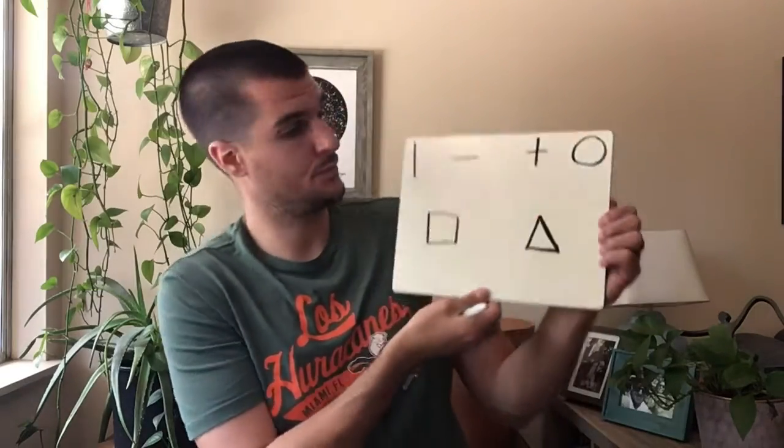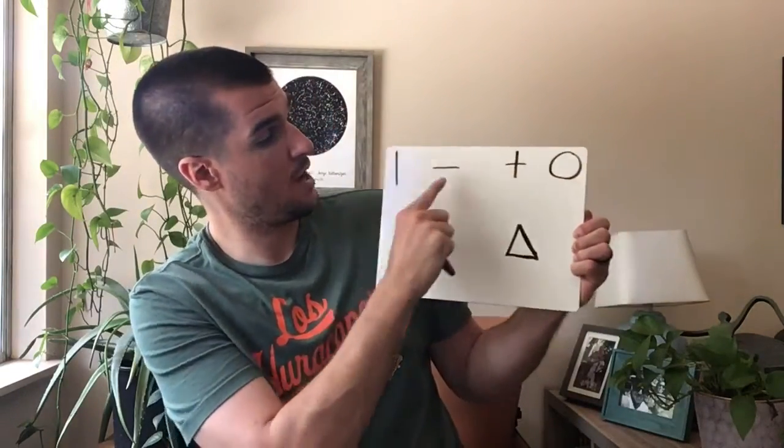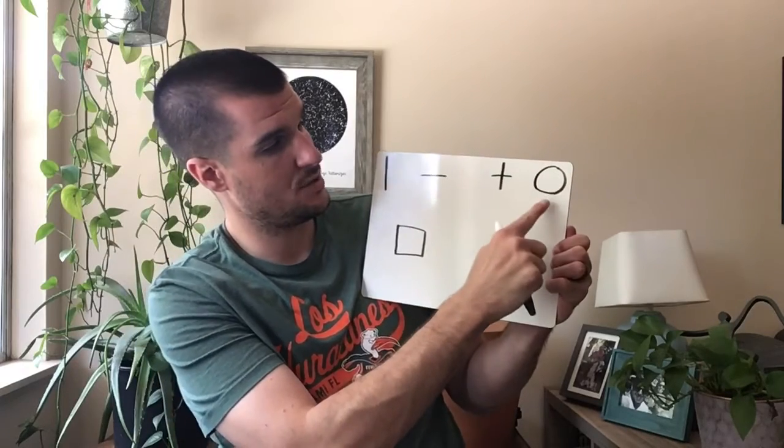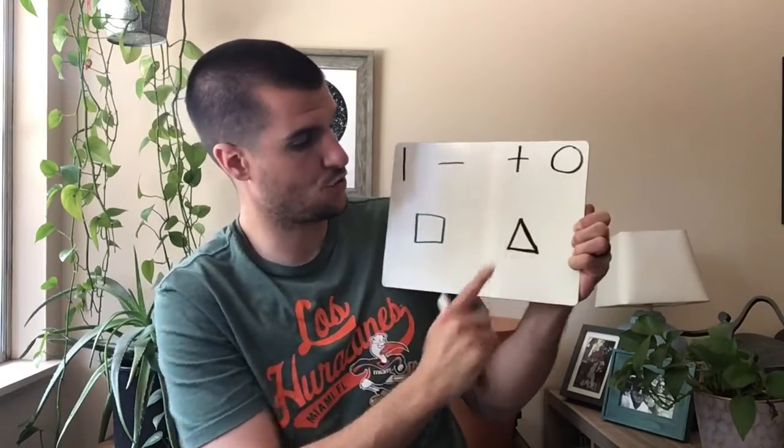So if we look at your child's individual education plan, their IEP, there will be goals listed, and usually in their pre-academic goals, there will be one around visual motor and fine motor that has our students writing pre-academic geometric figures, and these are them. So we have vertical line, horizontal line, plus sign, circle, square, and triangle.